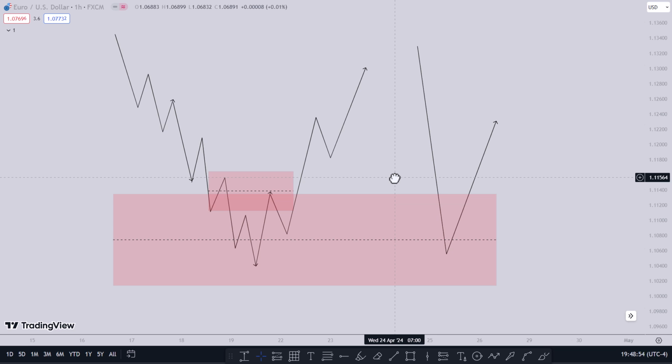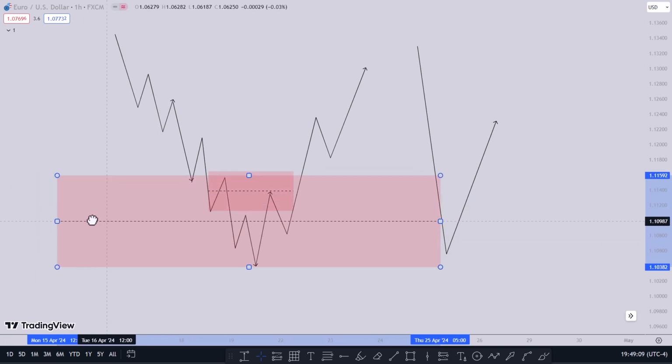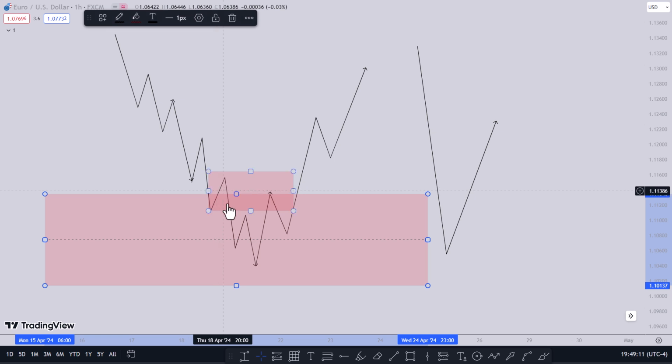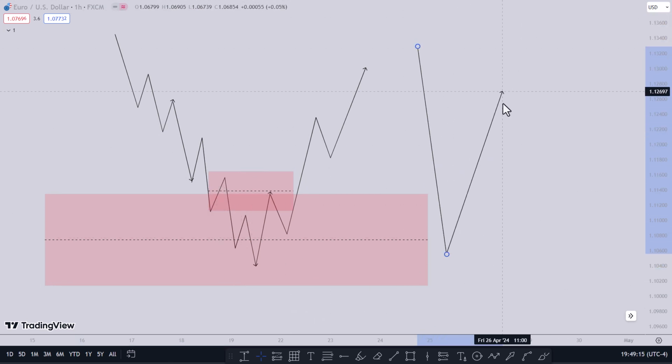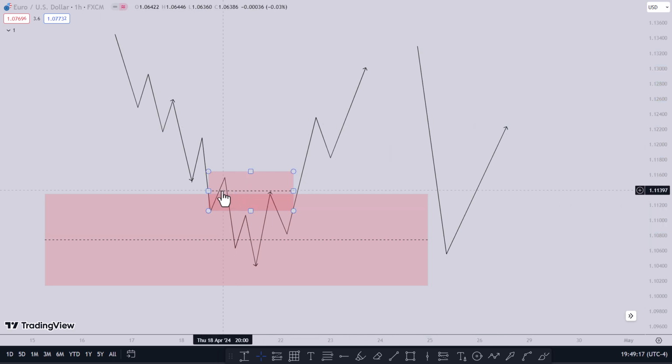And how do you time it, or in other words, when do you stop looking for continuations to the downside in this example? The first filter is that when we hit a higher time frame zone that could potentially trigger the pullback like this, or even the reversal, you're going to stop looking for continuations.